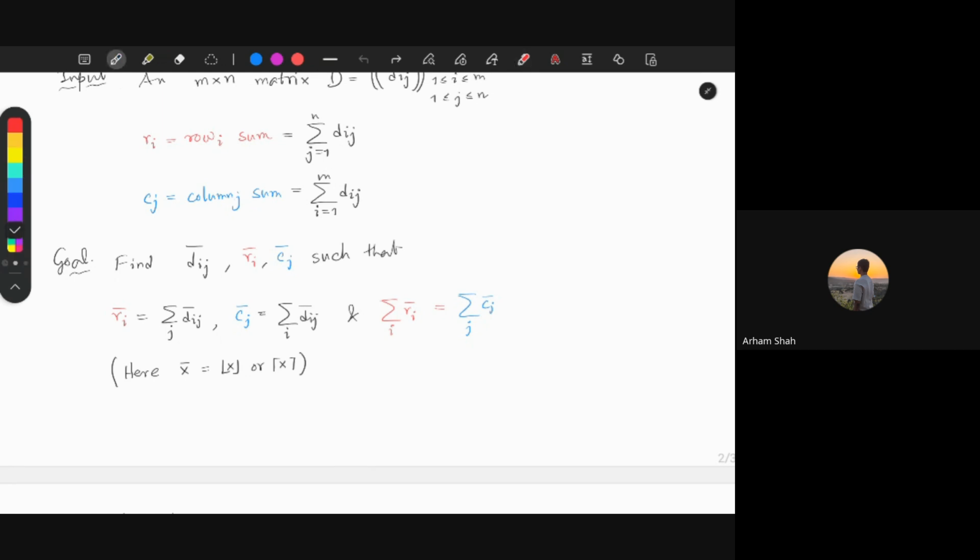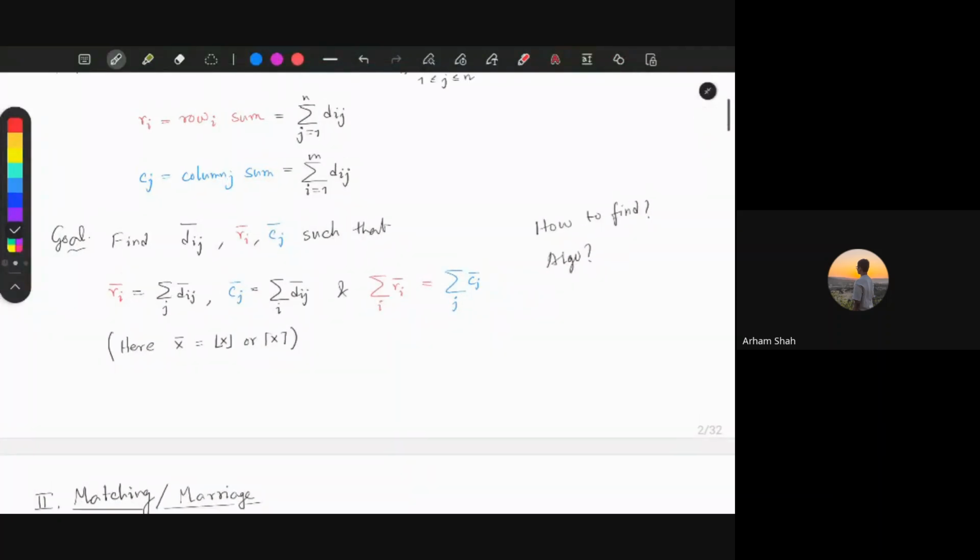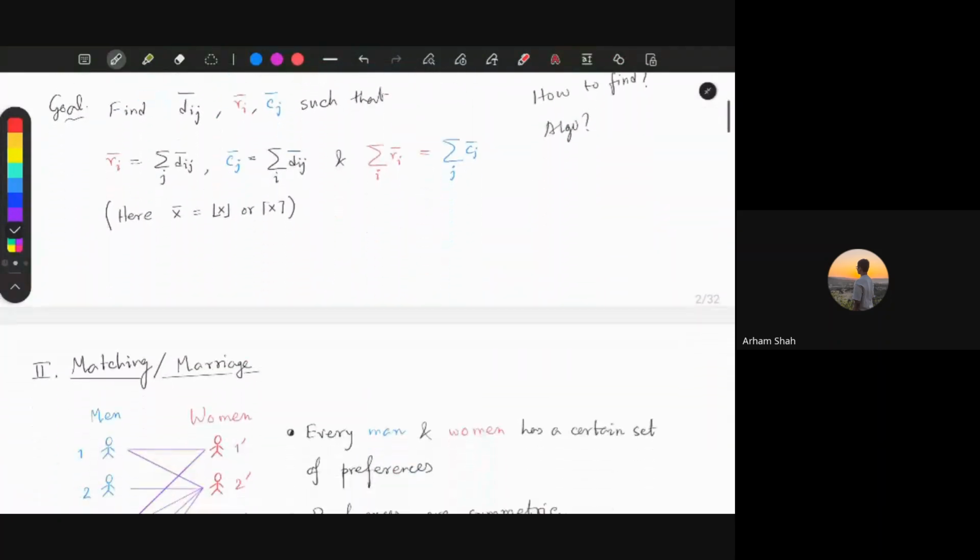So how to find them? We have an algorithm for this. This is one problem I will talk about.